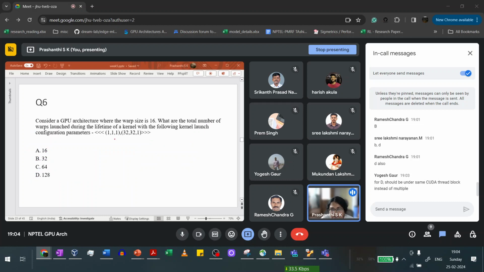Consider a GPU architecture where the warp size is 16. What is the total number of warps launched during the lifetime of a kernel with the following launch configuration? Take a couple of minutes and we can then discuss.